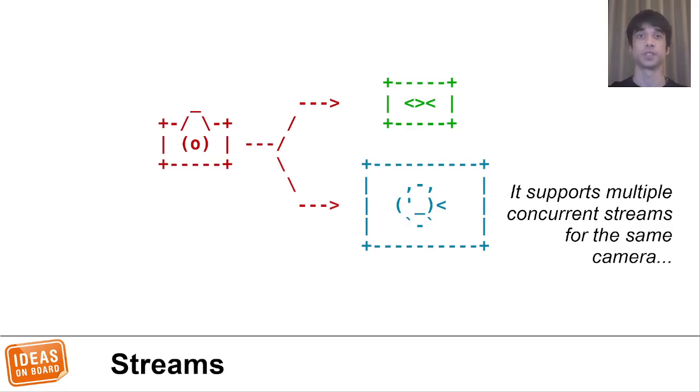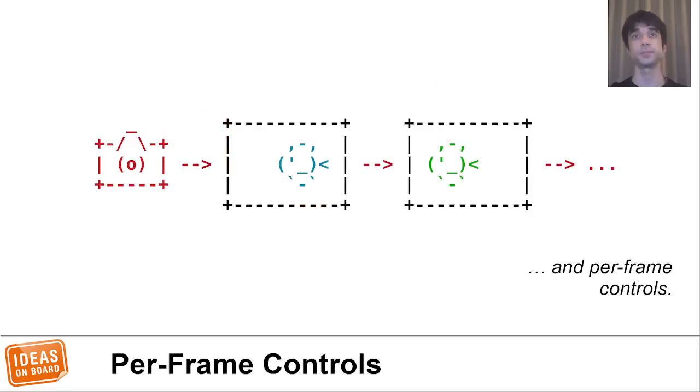Of course, this is only available if the camera supports it. libcamera also had to support per-frame controls, which guarantee that control parameters are applied precisely to the frame that the application requested the parameters to be applied to.